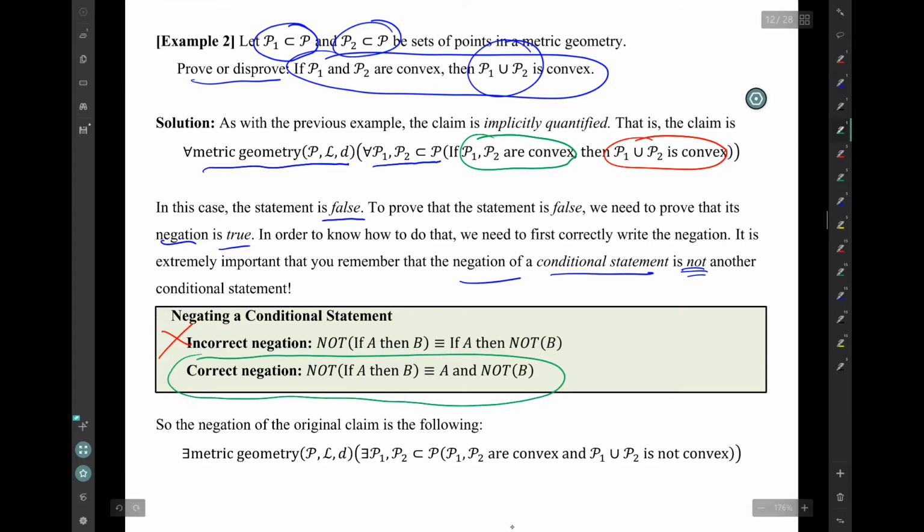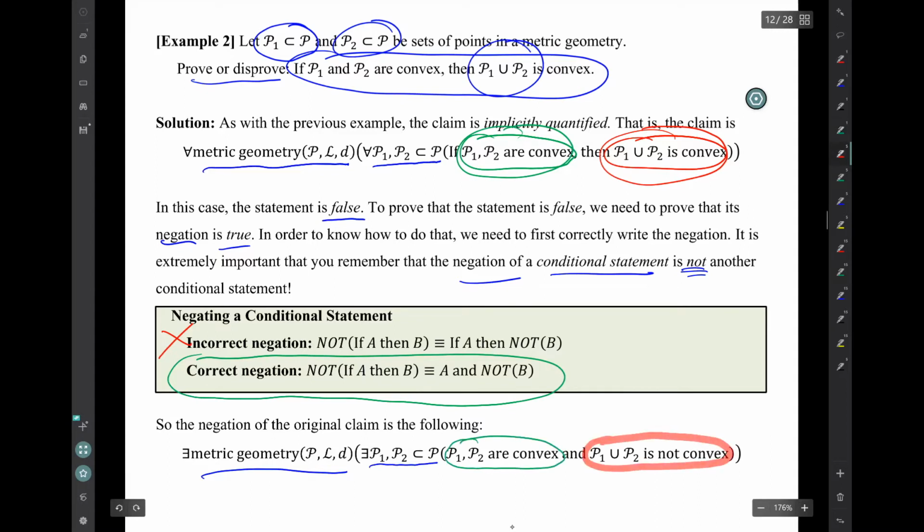So the negation of this original claim, the original claim says if P1 and P2 are convex, then P1 union P2 is convex. The negation is there exists a metric geometry such that there exist sets of points P1 and P2 such that P1 and P2 are convex and P1 union P2 is not convex.